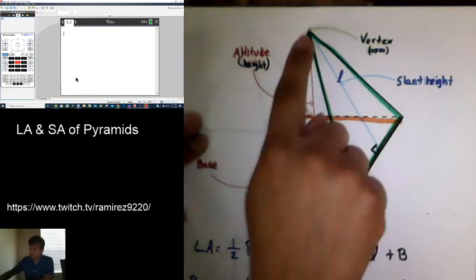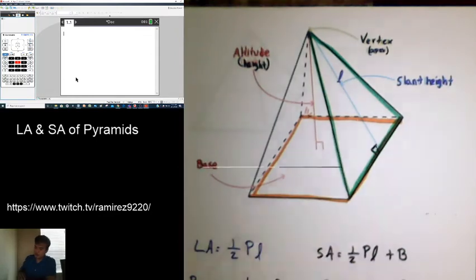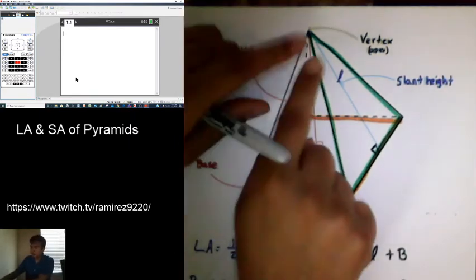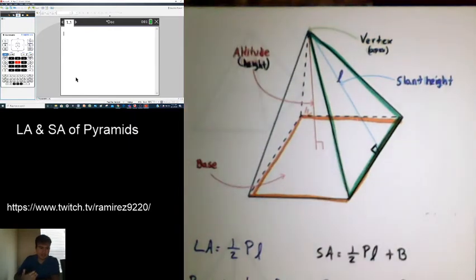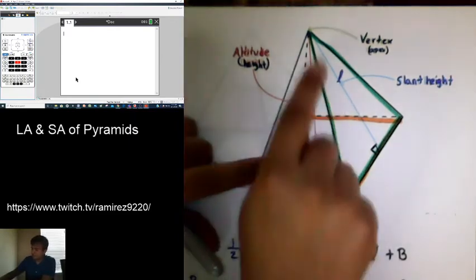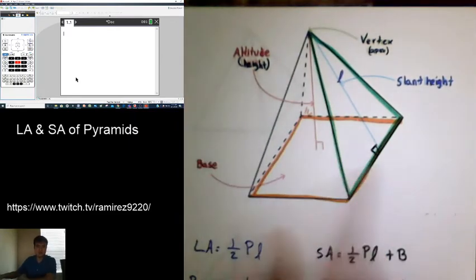So if they gave you a number here, you might use it, but you won't use it in the actual calculation. Instead, what our formulas use is the slant height. So your slant height is literally, in its name, the height, but the slanted height. It's the height of one of the triangles right there.